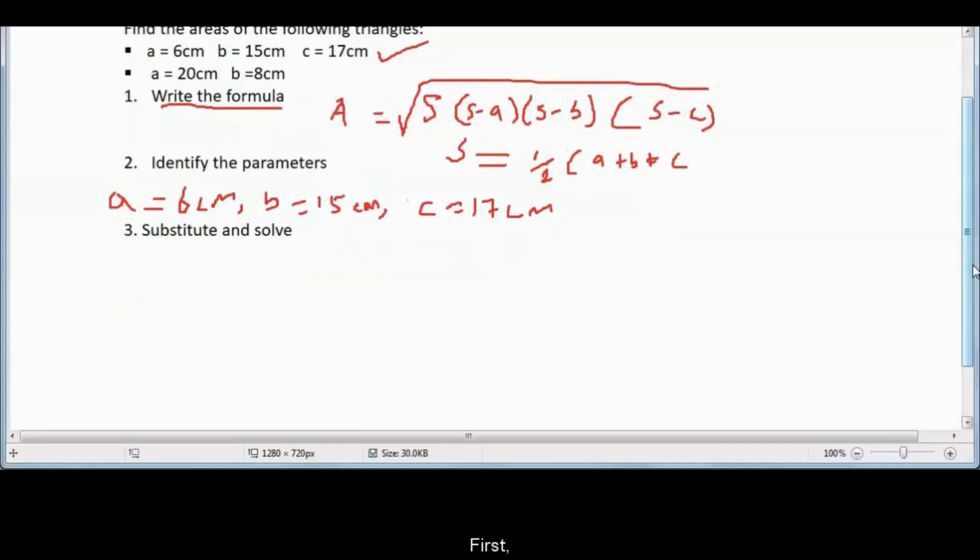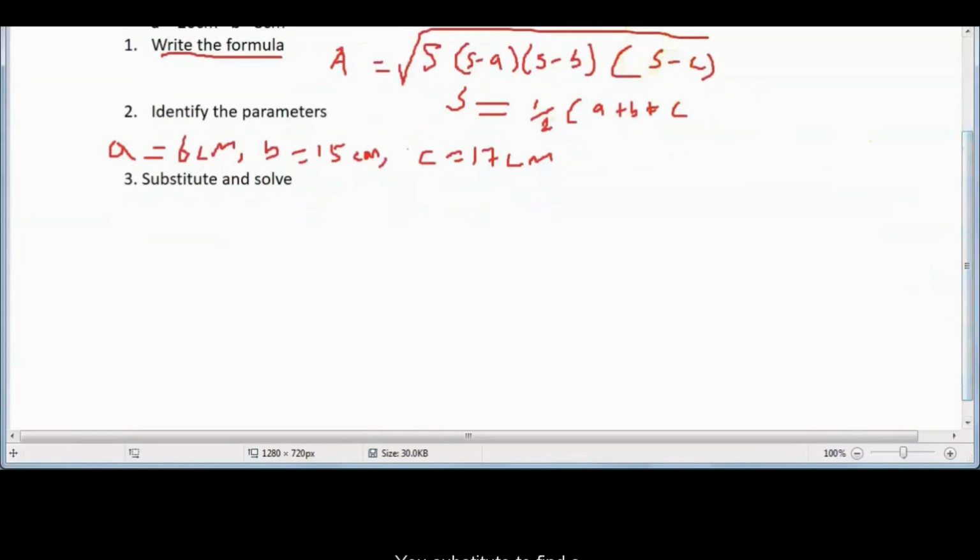First, you substitute the parameters to find S. S is equals to half, we represent A with 6, B with 15, and C with 17.